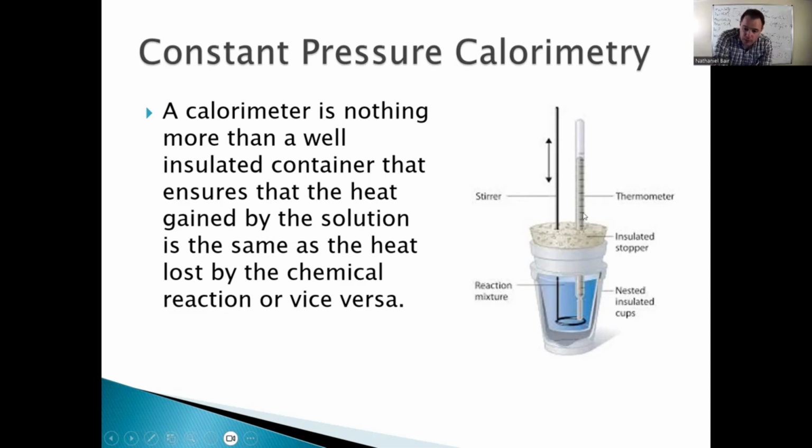You measure the initial temperature when you start the reaction. If it's exothermic, it heats up. You measure the highest temperature reached, and you can get the change in temperature. A calorimeter is nothing more than a well-insulated container that allows you to get the change in temperature for a reaction when you're studying the thermodynamics. That's all it is. And we'll talk about it in way more detail tomorrow.